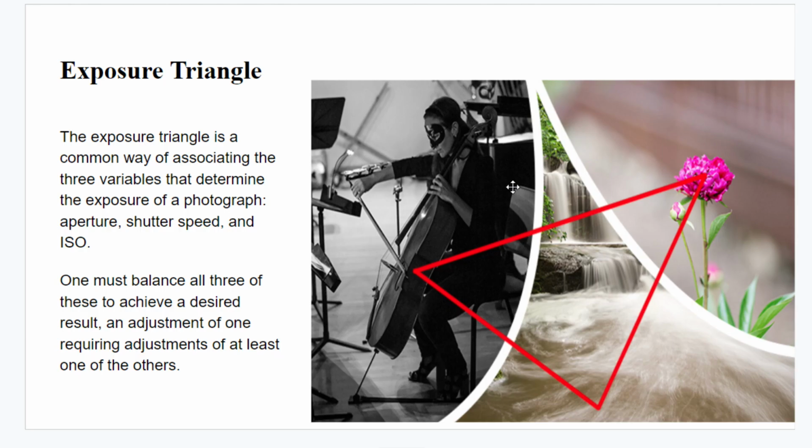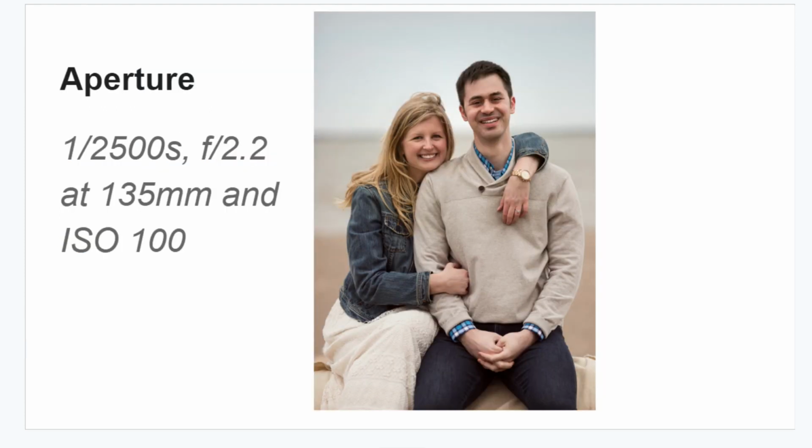So exposure triangle means we have to combine the three things: ISO, shutter speed, and aperture, and we have to get the right exposure.